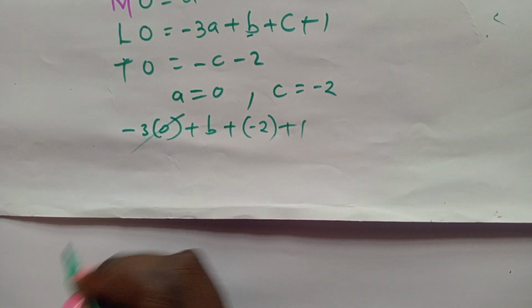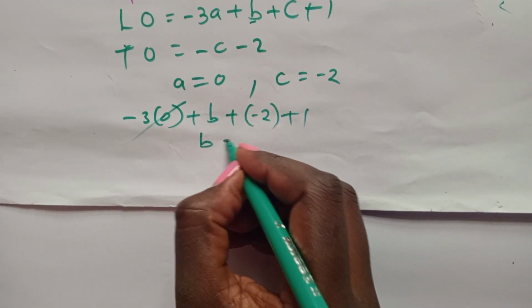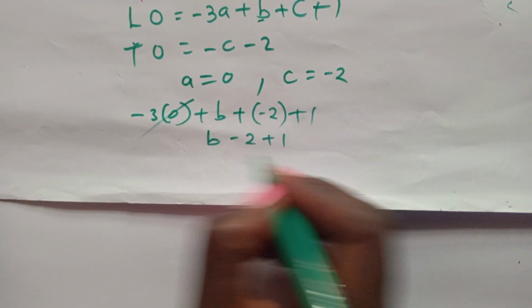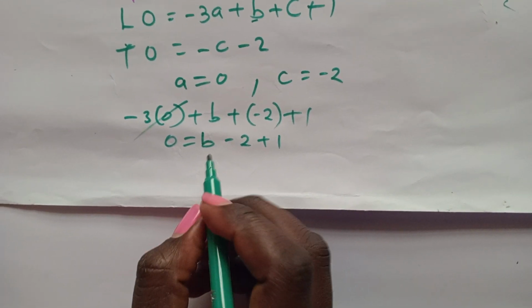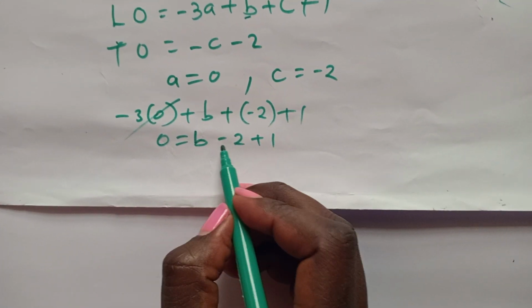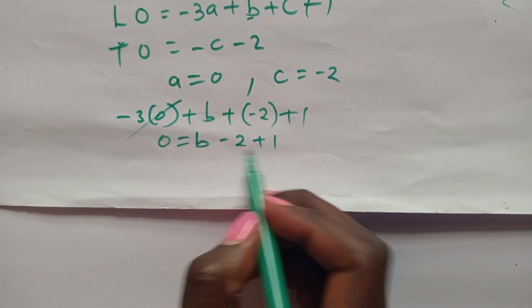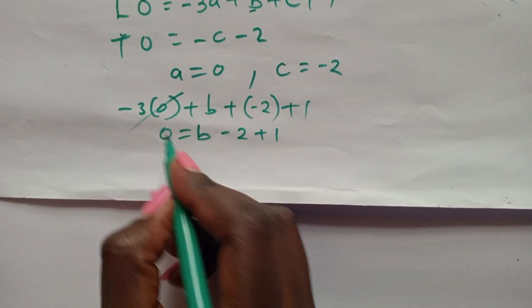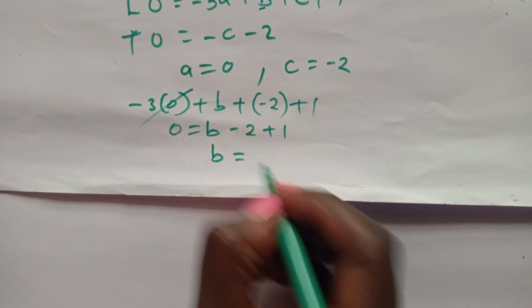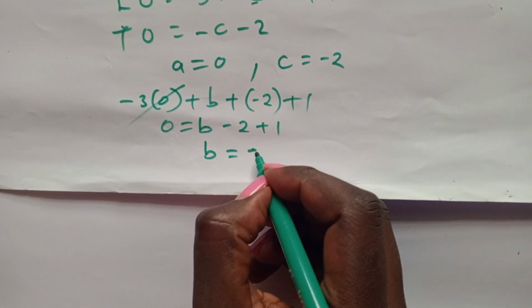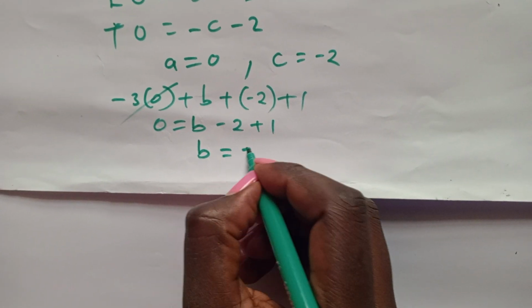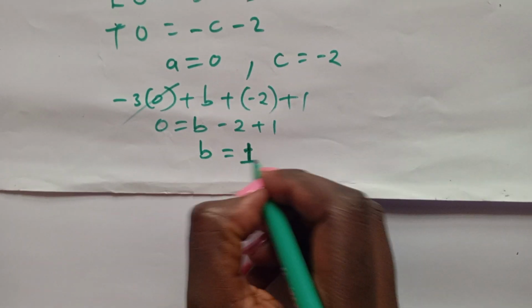So we'll have B minus 2 plus 1 equal to 0. And so our value of B would simply be negative 2 plus 1, that is minus 1. So take it to the other end. So B is equal to positive 1.